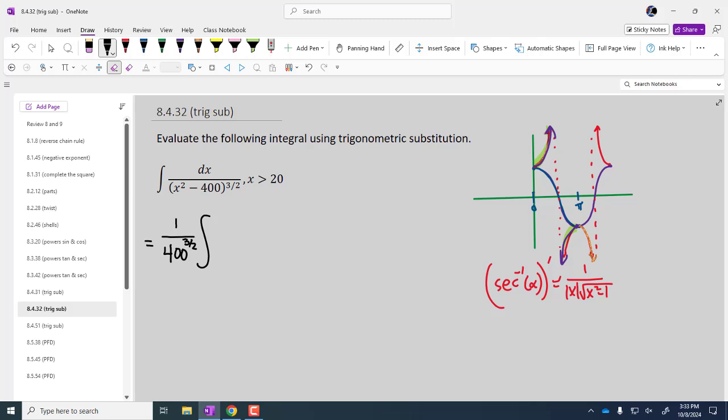All right, so then let's see what's left. Inside here, there's no 400 with the x squared, so if you have to, you can imagine doing that. The 400 that you're pulling out is that one and that one. There's still a 400 in the bottom, so we make that x divided by 20, quantity squared, minus 1, all to the 3/2 power.